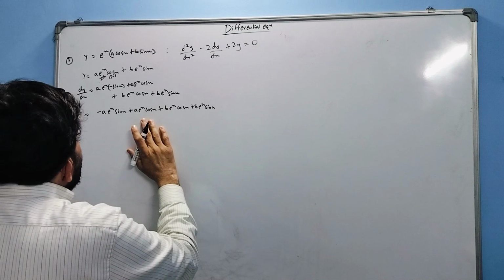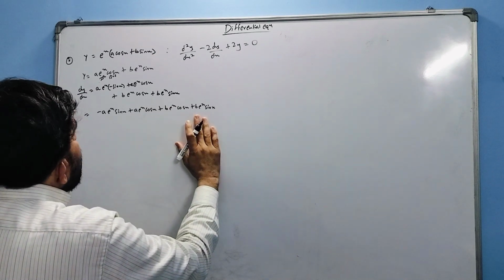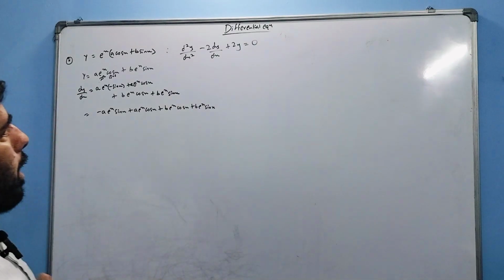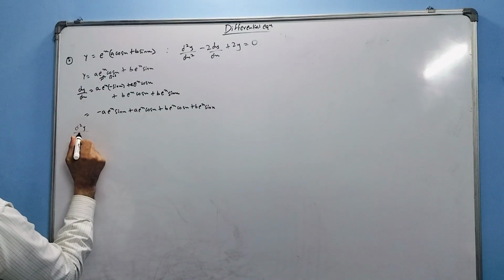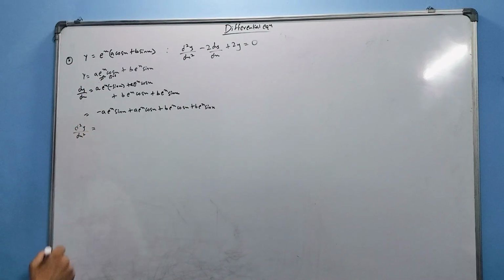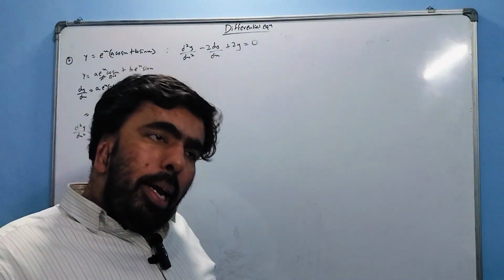Now we'll try to find d2y upon dx square. That is, we need to differentiate it again.